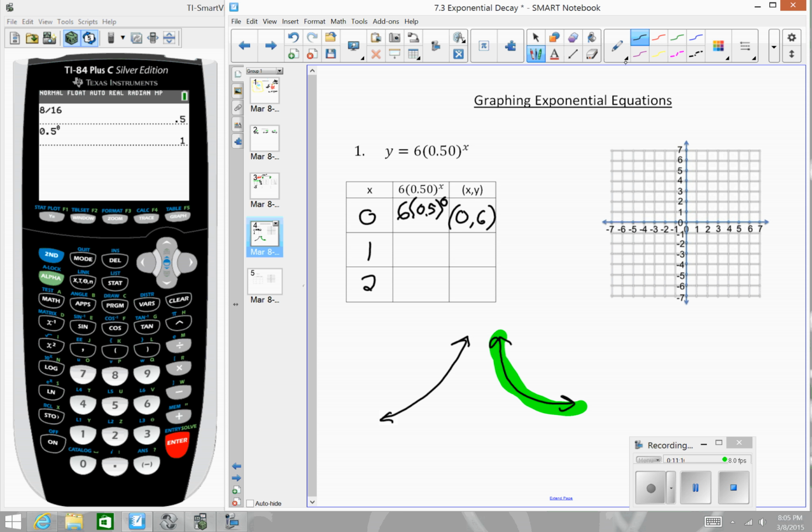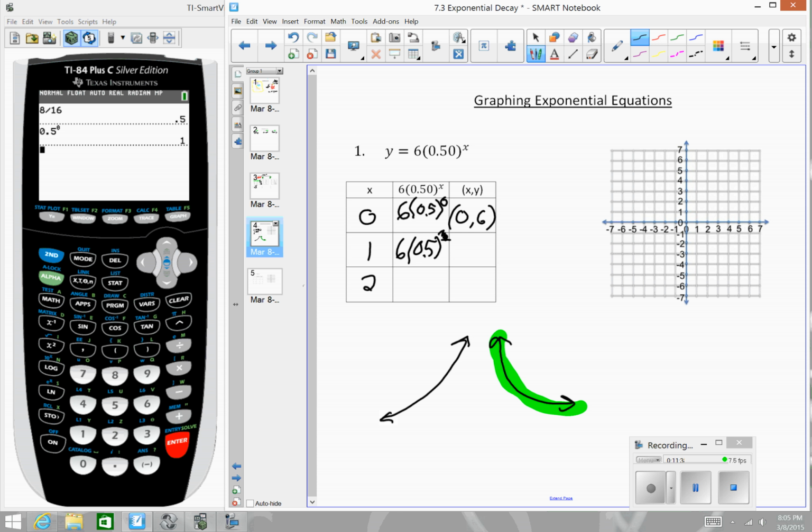Okay, let's try this again. Next one I'm going to do is 6 times 0.5 raised to the first power. Now 0.5 raised to the first power is 0.5, right? We should know that. Now don't just put a 0.5 here, right? What do you have to do after you raise it to the exponent?